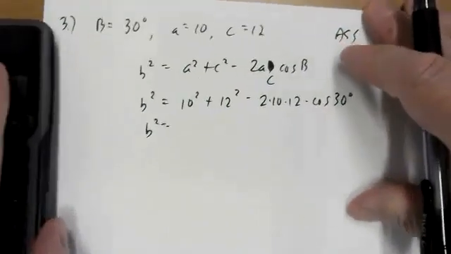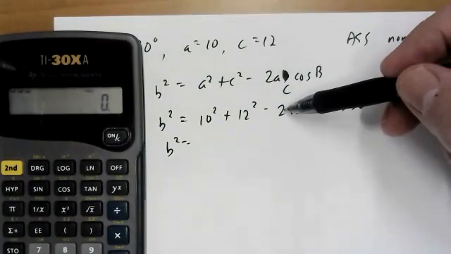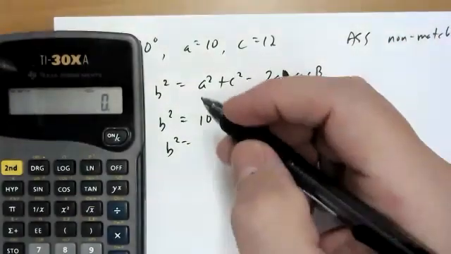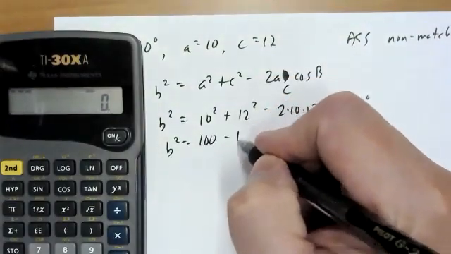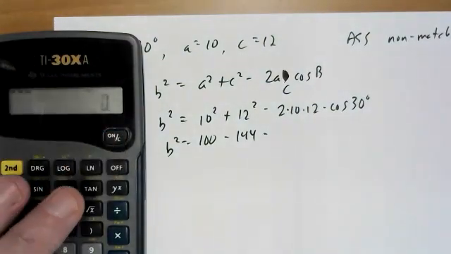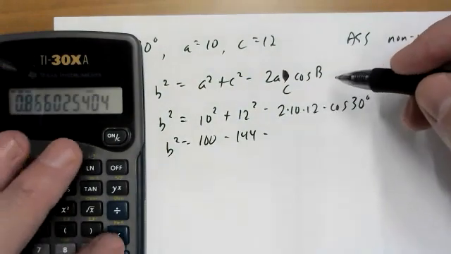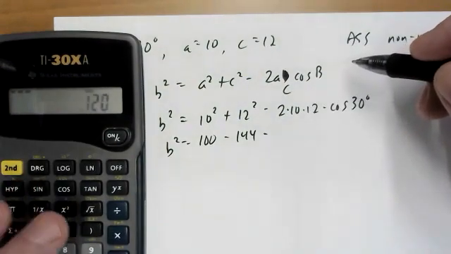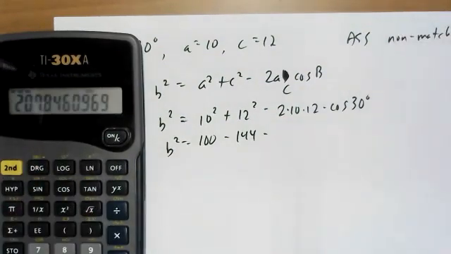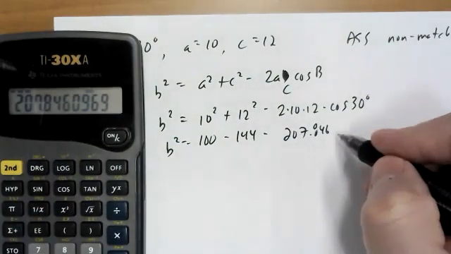Be careful now here with the math, because you have to go ahead and multiply all these things together, and then you can subtract them. So this is going to be 100 minus 144 minus 30 cosine times 120 times 2, something like 207.846.